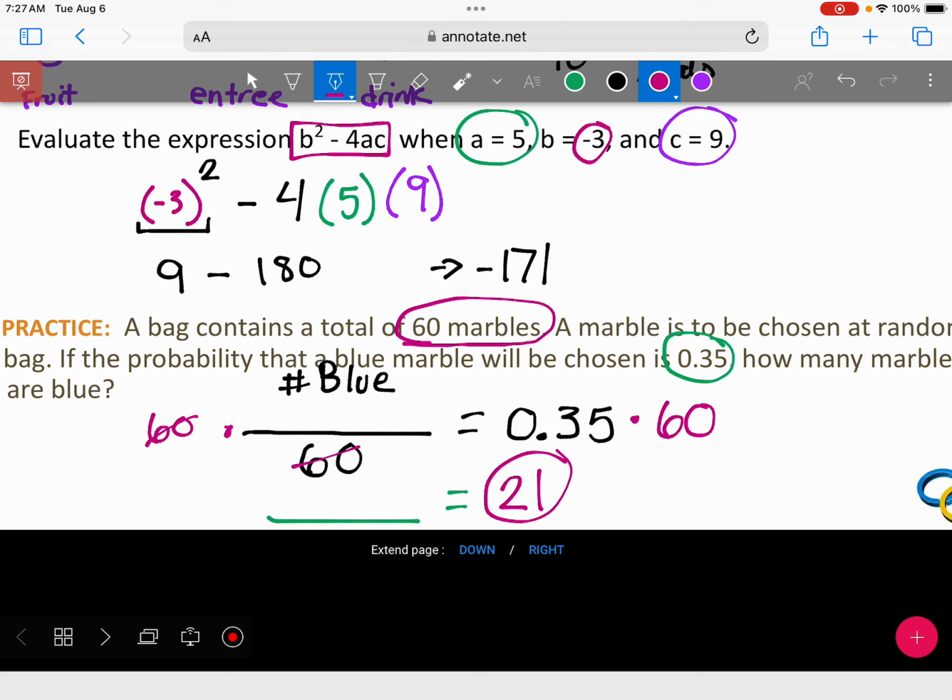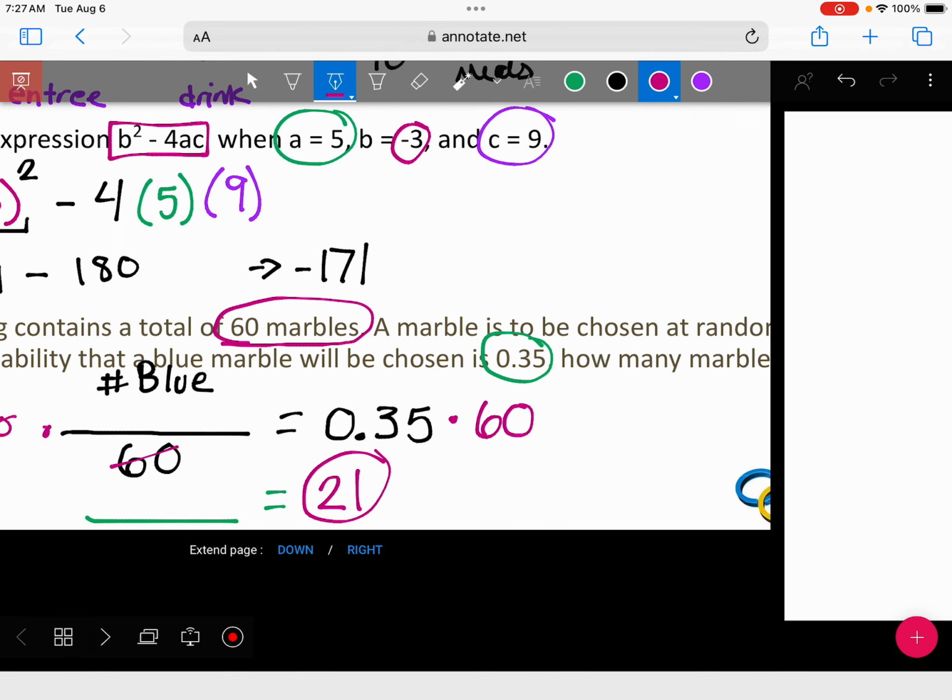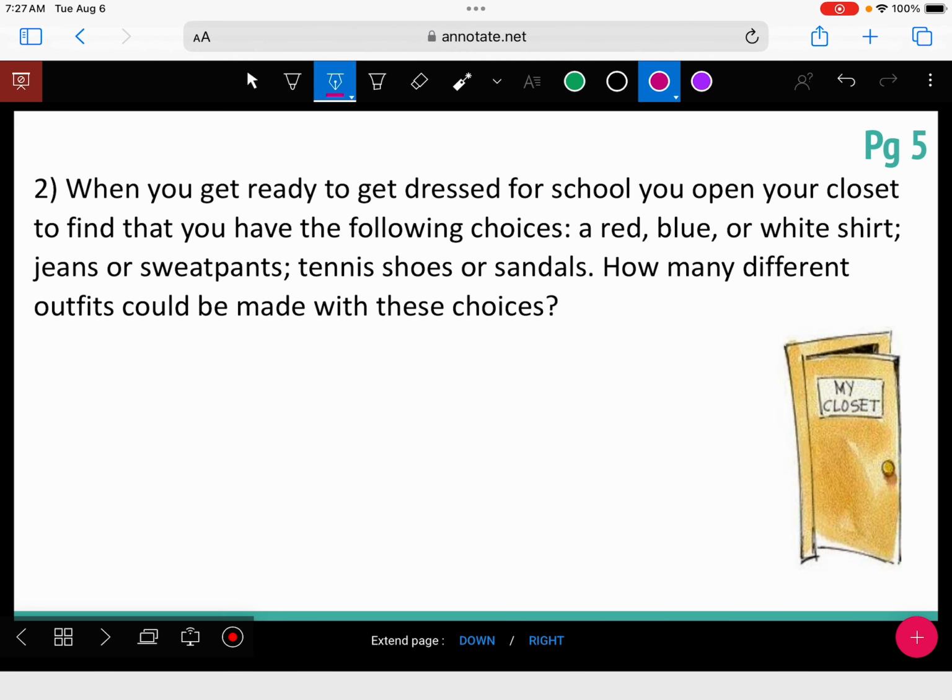Okie dokie. So we are going to go into your notes packet, and we're going to look at page 5. We're going to do 2 and 3, and then we're going to get into what we need to do today, because we didn't quite get to the practice problems yesterday.